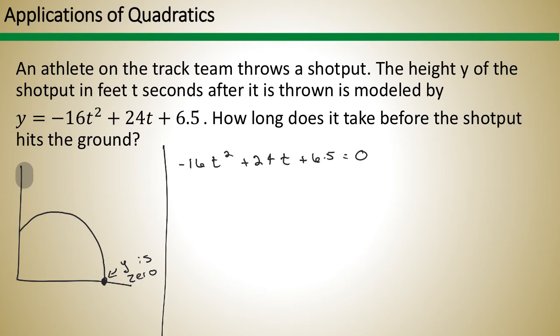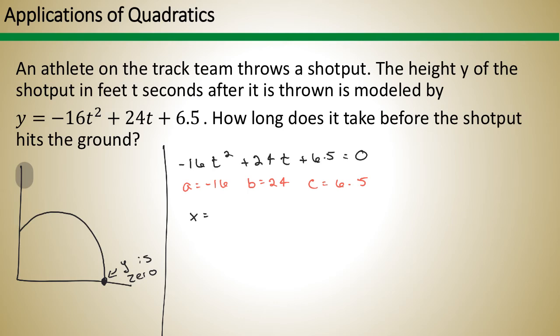And to solve this thing, I definitely do not want to complete the square because it has a 16 in front, okay? I don't want to try to factor because it has the decimal. We are going to try to use the quadratic formula here. So if we identify a as negative 16, b is 24, and c is 6.5, and then we're just going to sub those things in.